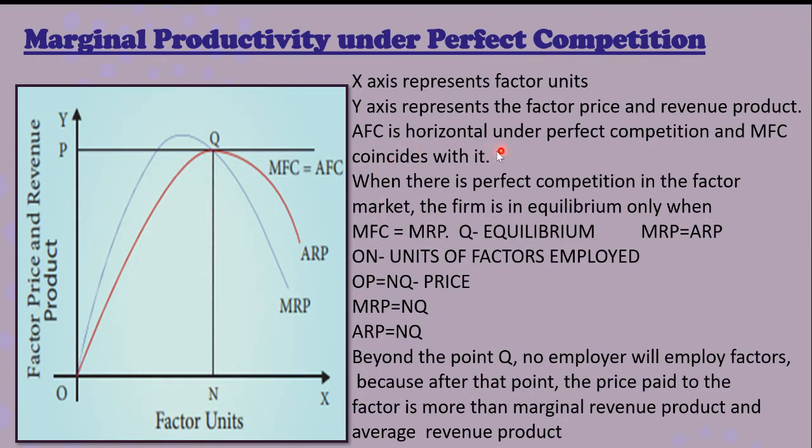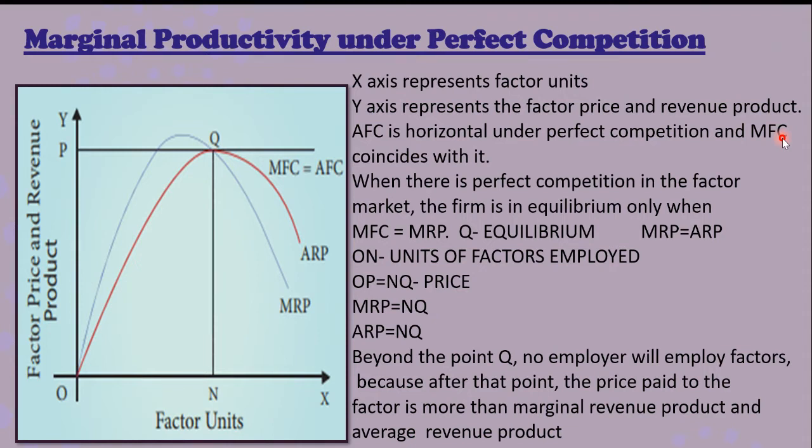AFC is a horizontal straight line under perfect competition, and MFC coincides with it. What is AFC? Average factor cost. MFC, marginal factor cost. Here, since it is a perfect competition, we have already seen in the third, fourth chapter, perfect competition, AR curve, MR curve, AC curve, MC curve. We have seen all that.